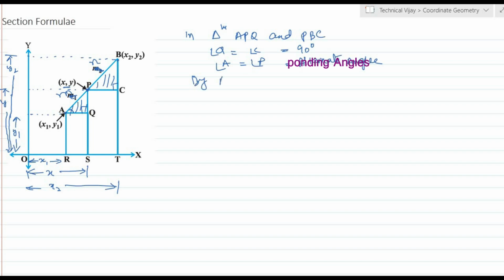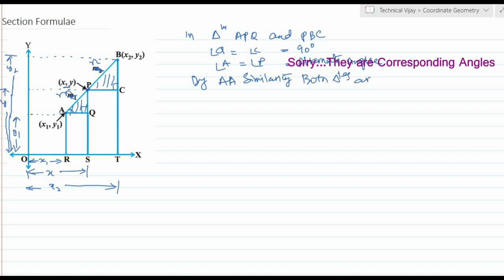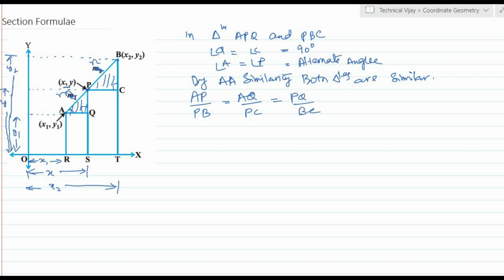So by AA similarity, both triangles are similar. If both triangles are similar, the ratios of the sides are equal. So AP divided by PB is equal to AQ divided by PC, which is equal to PQ divided by BC.